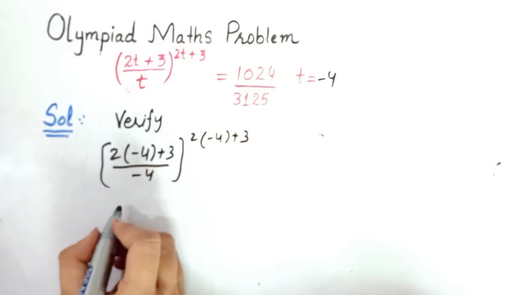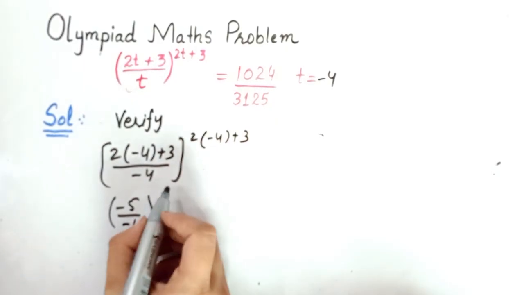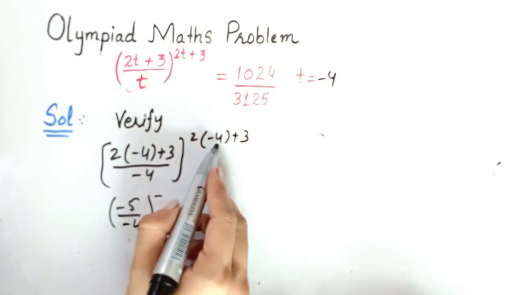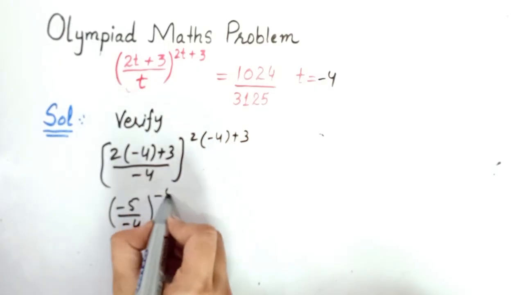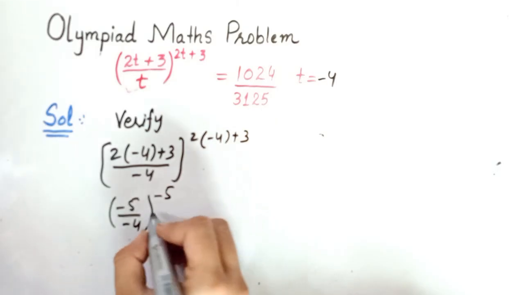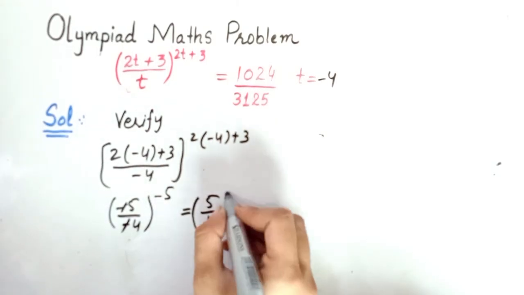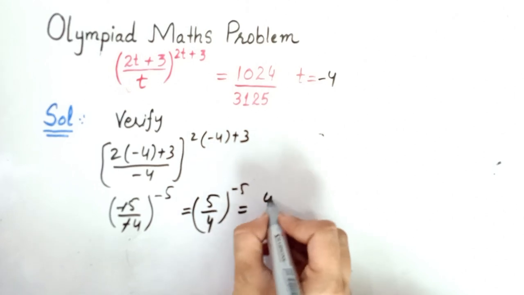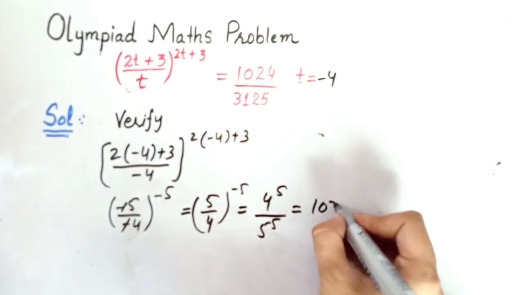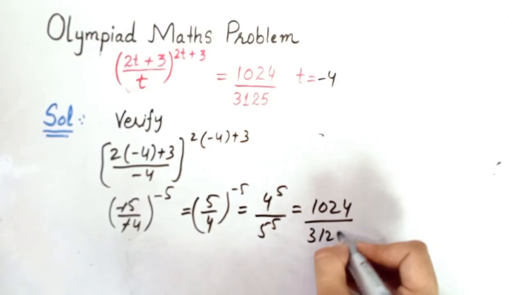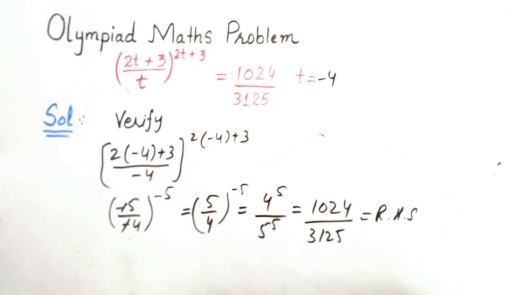Minus 8 plus 3 is minus 5, over minus 4. Its power is minus 8 plus 3, which is minus 5. So the minuses cancel out: (5/4) to the power minus 5, so it is 4 to the power 5 by 5 to the power 5, that is again 1024/3125, which equals the right-hand side. It means our solution is correct.